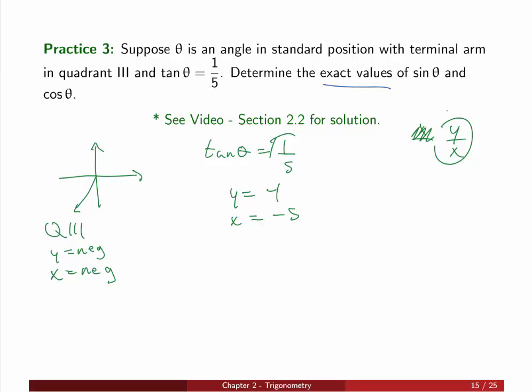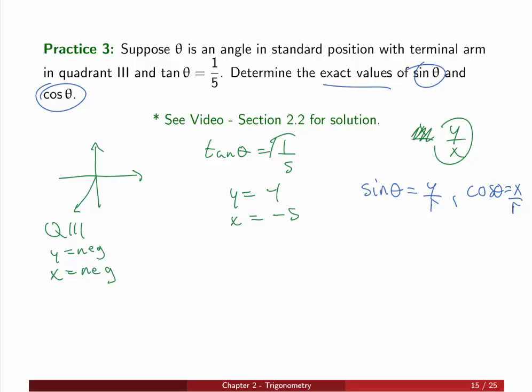We're looking for the exact values of sine and cosine. So, how do we do that? Well, sine is y over r, and notice how we don't know r. And cosine is, of course, x over r.